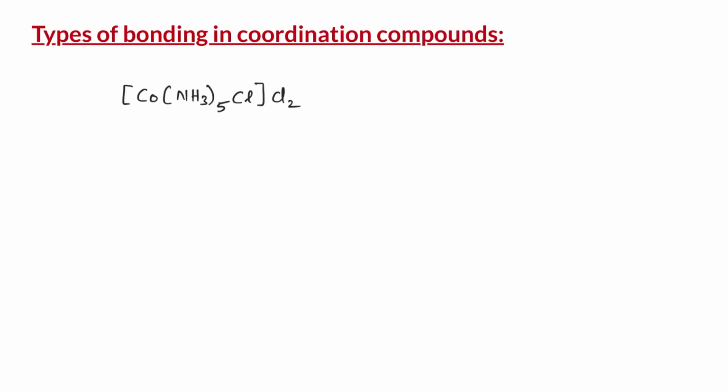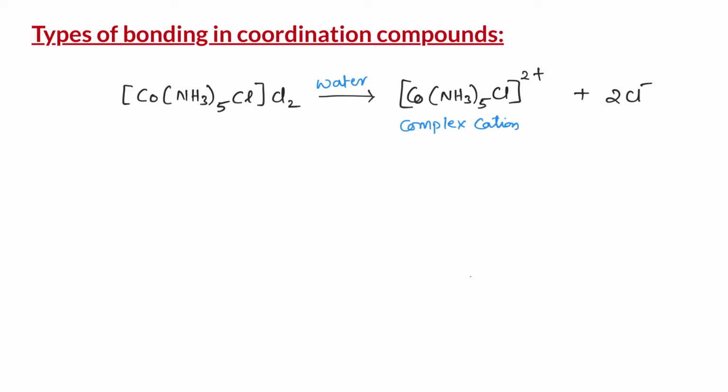Let us now discuss a little bit about the type of bonding in coordination compounds and why these compounds are called coordination compounds. In other words, we learn how the primary and secondary valences are bound to the central metal ion. We learned earlier that this compound, when dissolved in water, produces two Cl- ions and a complex cation. So the question is, why only two of the Cl- ions are ionizable?